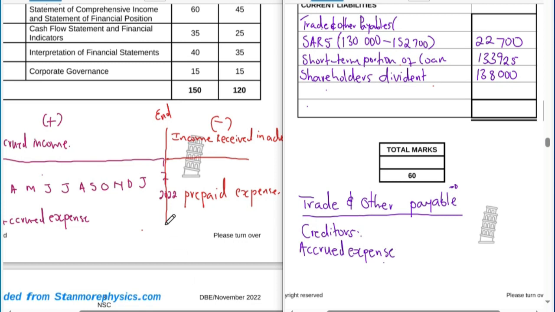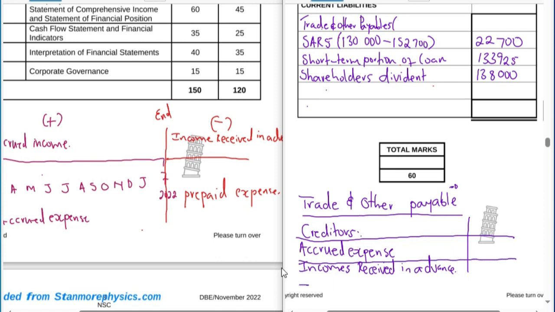So we're going to have income received in advance. This is what we are going to have.